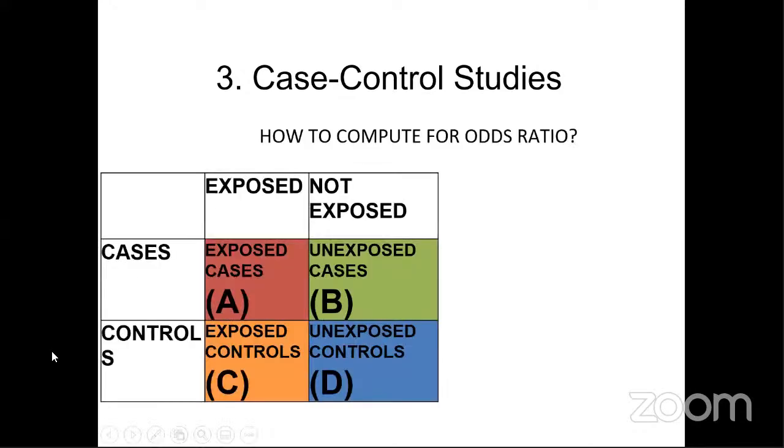Okay. So how do we compute for odds ratio? Again, we go back to your 2x2 table. In your 2x2 table, you should compute the ratio of exposed over unexposed.